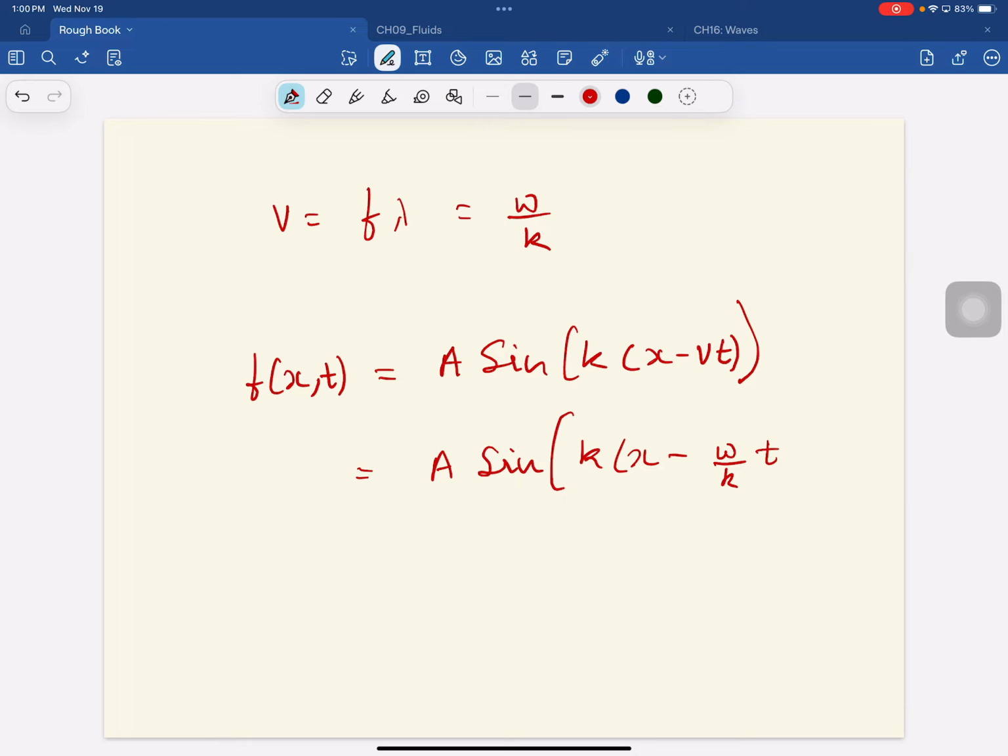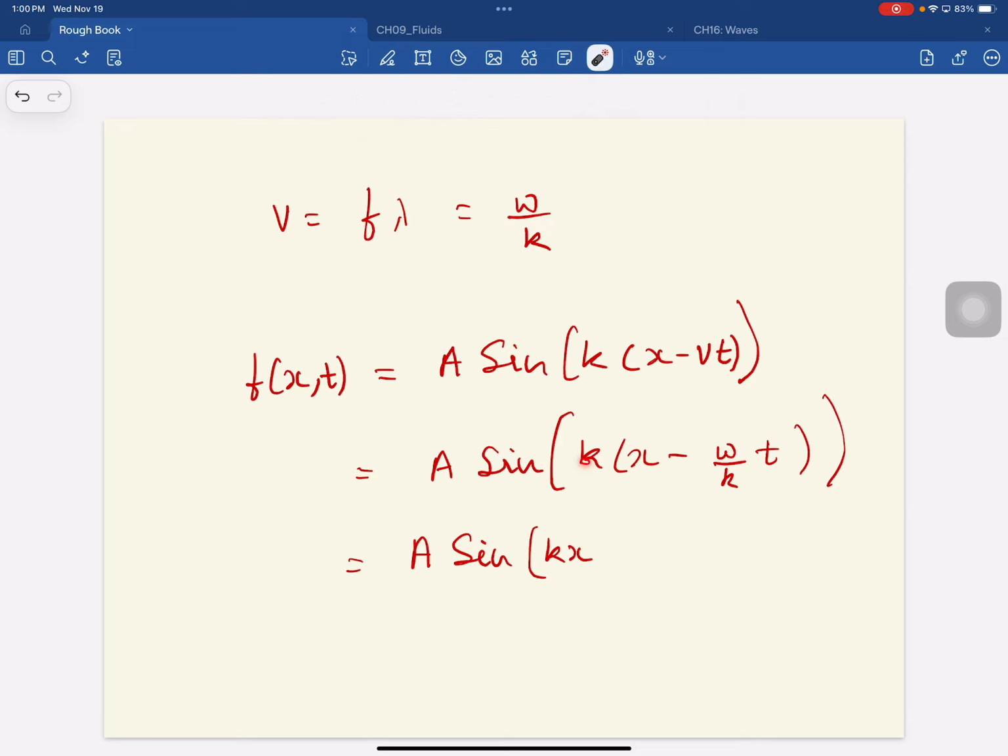This is equal to A sine kx, and this k cancels, so it's minus omega t.